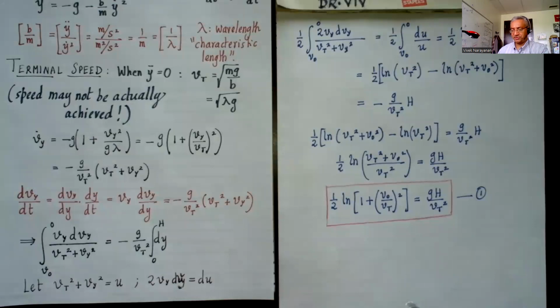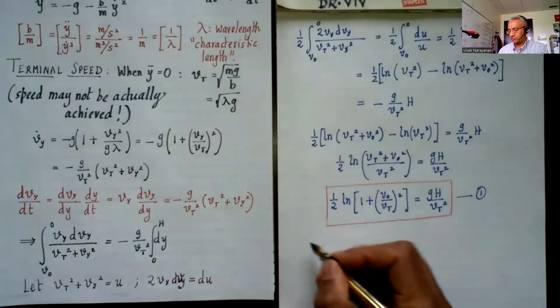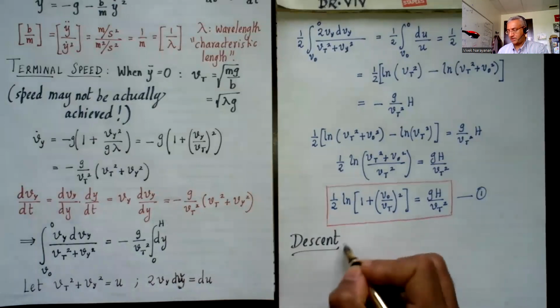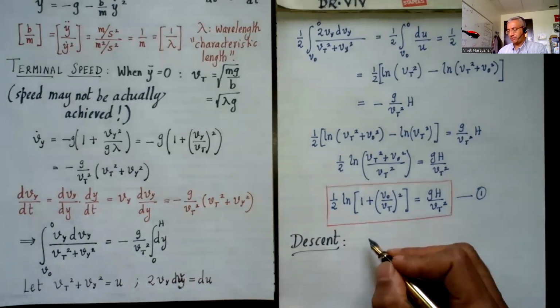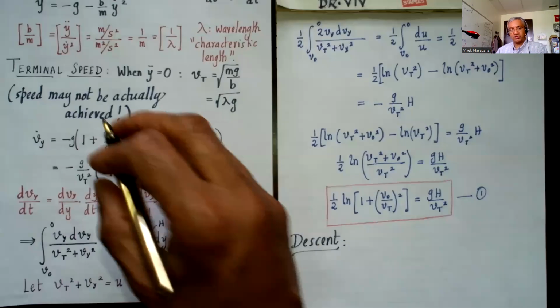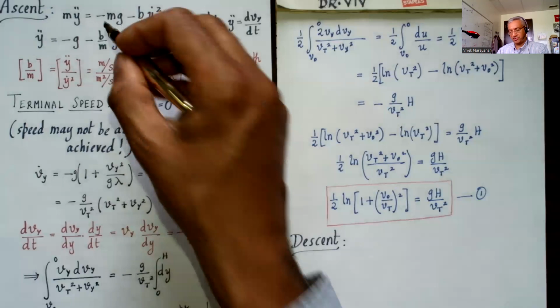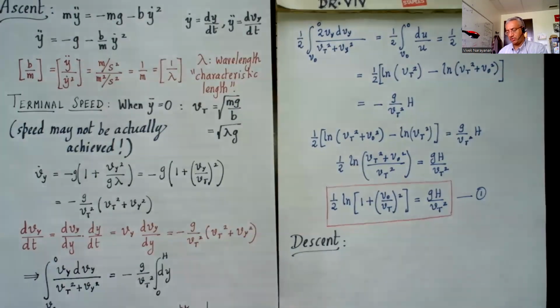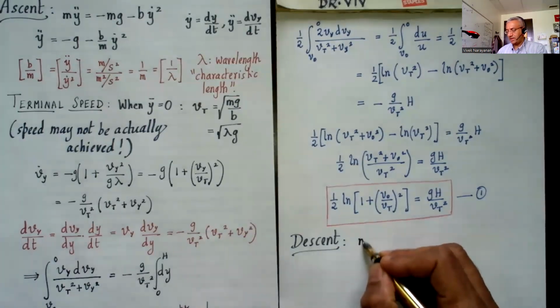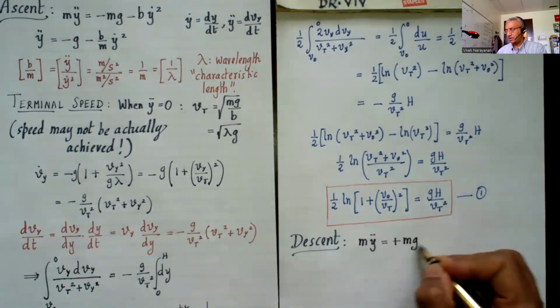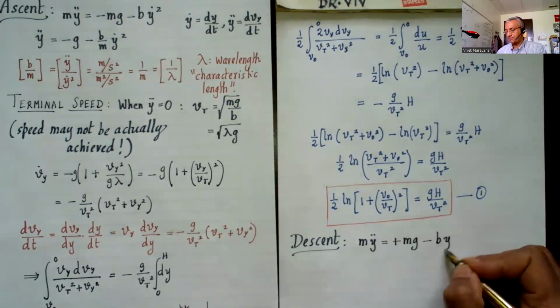Now, let's talk about the phase of coming down, also known as the descent. As I mentioned, the equations will be different. The only difference, though, is that the gravity term will be plus, because on the way down, gravity is helping the ball. So I get y double dot is equal to plus mg. Air resistance is still fighting the ball.